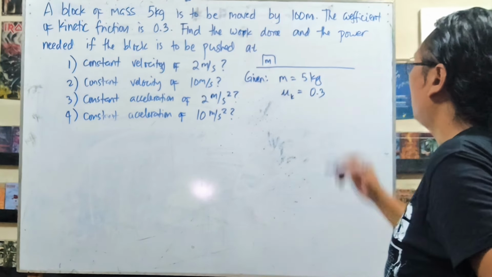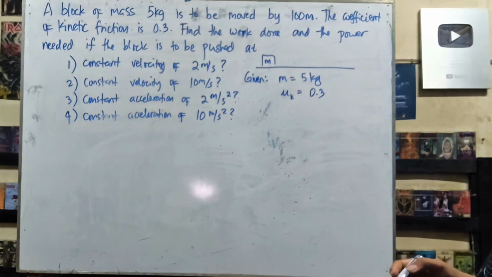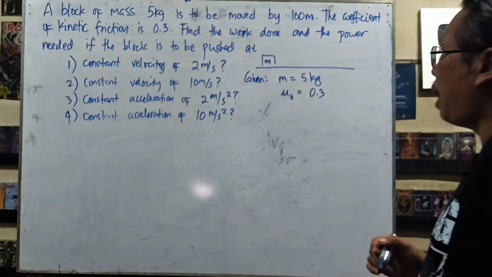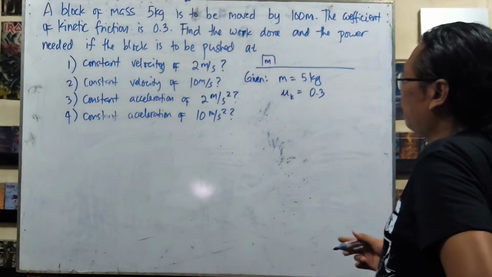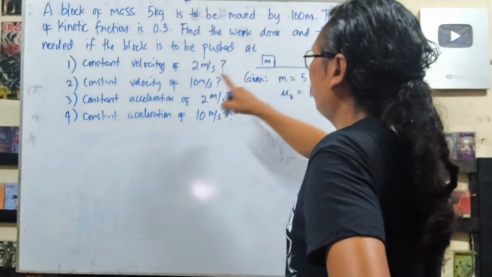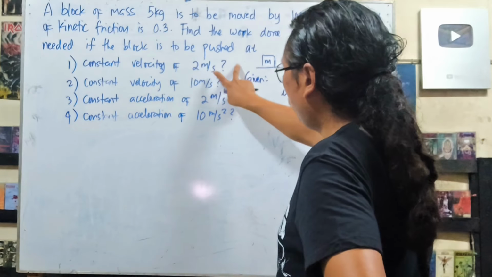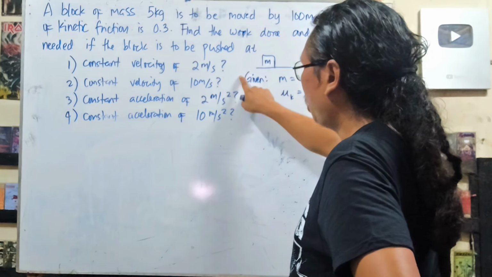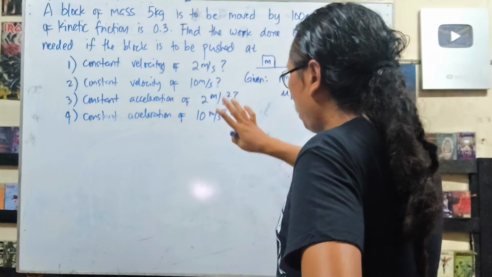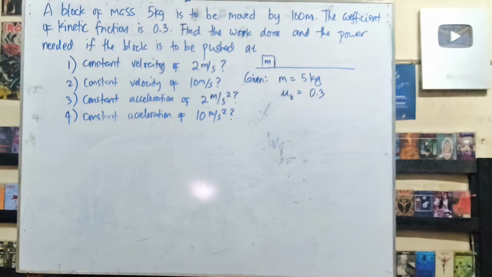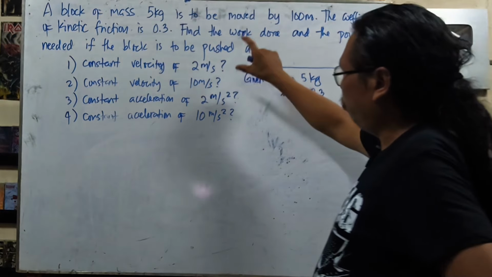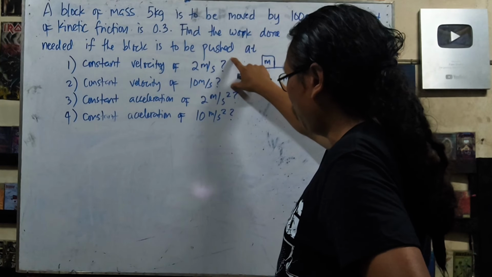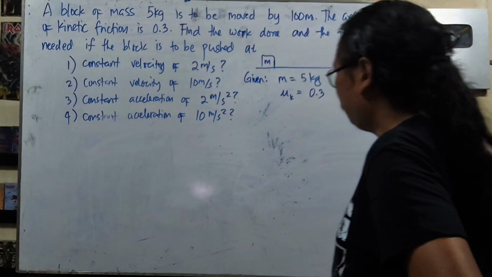Find the work done and the power needed if the block is to be pushed at, A, constant velocity of 2 meters per second, B, constant velocity of 10 meters per second, while 3 and 4 are constant accelerated motion. So both of these have uniform velocity, while this one is uniform acceleration.